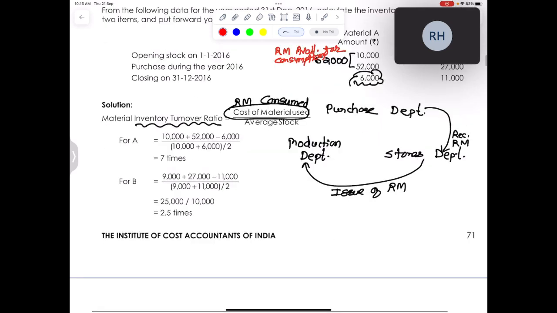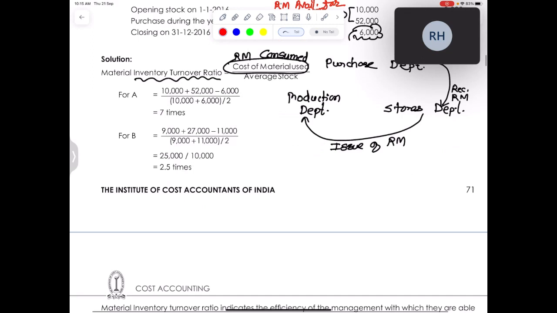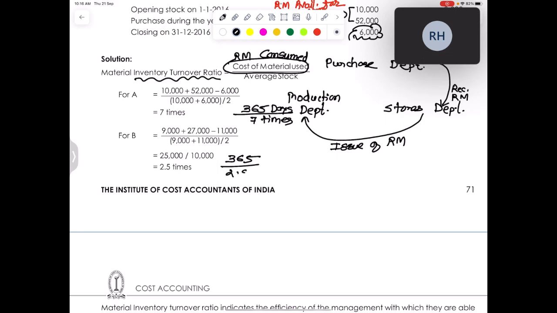So while applying the formula, we get the inventory turnover ratio of raw material A is 7 times, while the inventory turnover ratio of raw material B is 2.5 times. Now, please listen very carefully, beta. 365 days divided by 7 times and 365 days divided by 2.5 times.